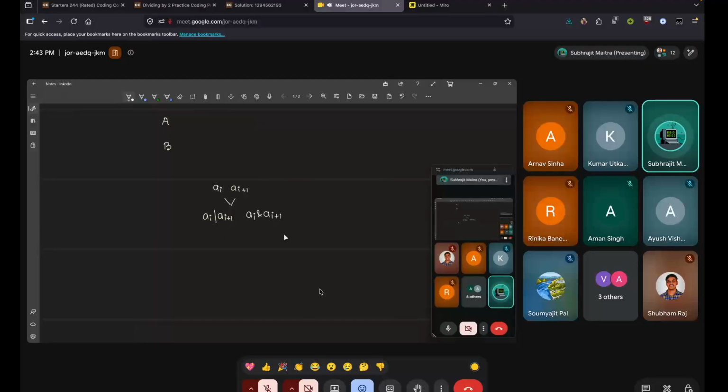And we need to tell, by doing these operations as many times as possible, can we convert A to B? Was this the question, Arnav? Are you clear with the question? Yes, we are.